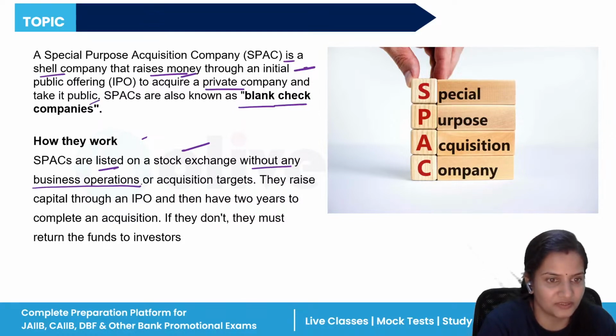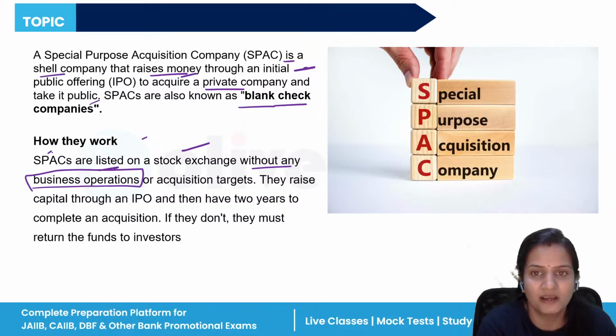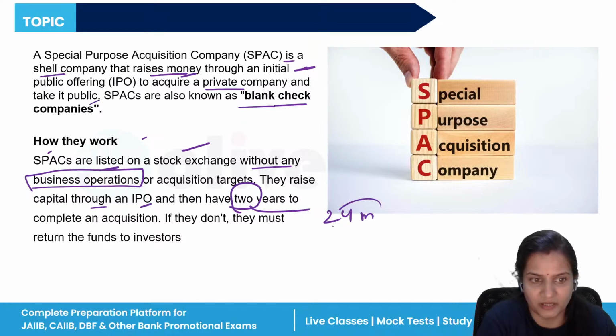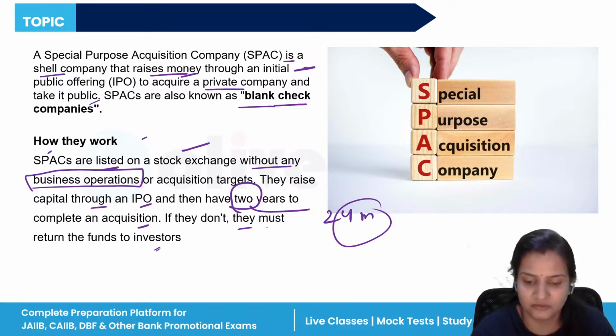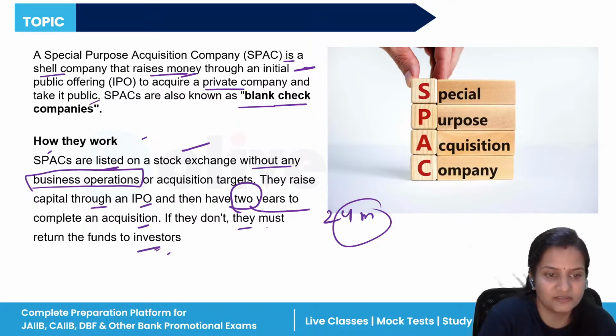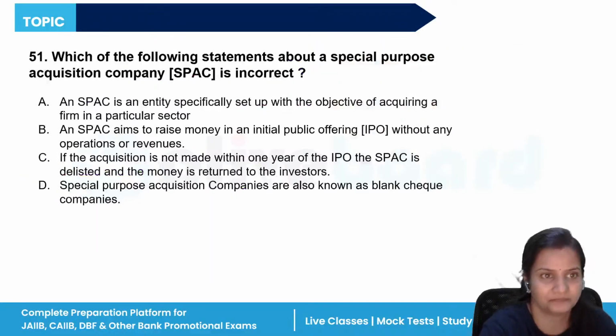They don't have their own business. They raise capital through an IPO and then have 2 years, that is 24 months, to complete an acquisition. If they don't, they have to return the funds to the investors who provided them.